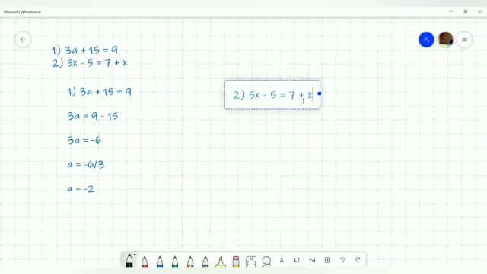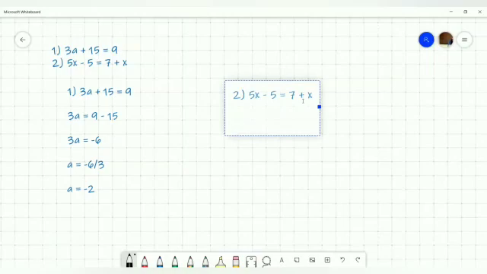This you can do in 2 different steps, or you can do in just one step. Let's see how to solve such equations where variables are given on both sides.